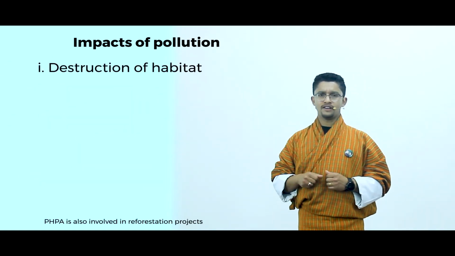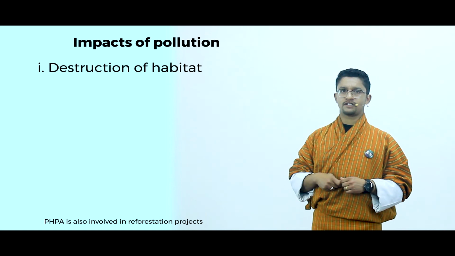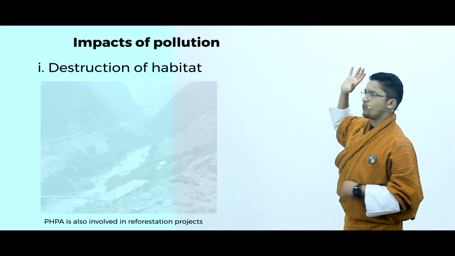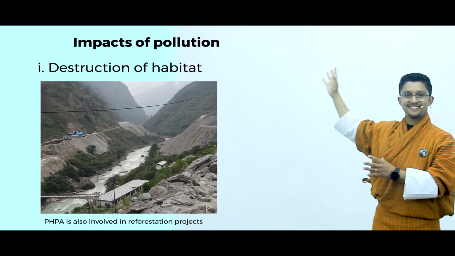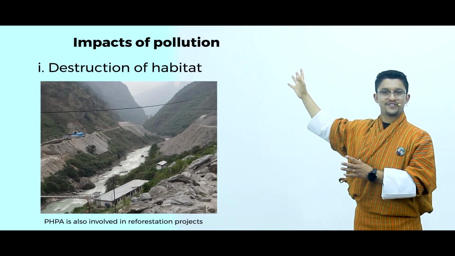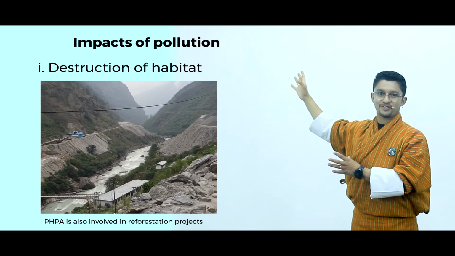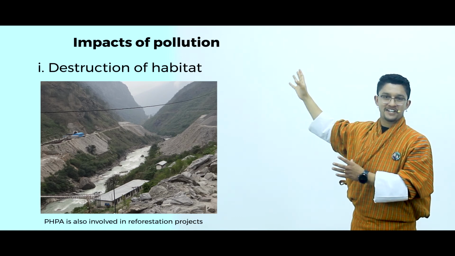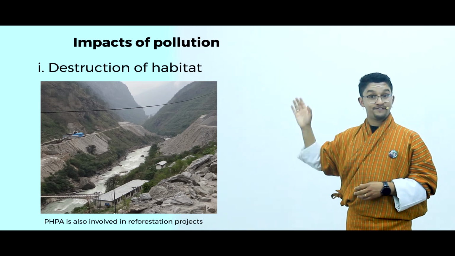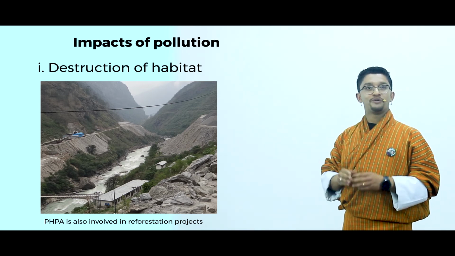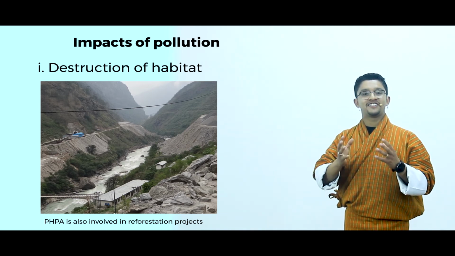The first one, destruction of habitat. Let me show you one image here. This is a common photo that we always see. It is the Pune Jangshu project area. Some time ago it was very clean, but now we see the entire landscape has changed.